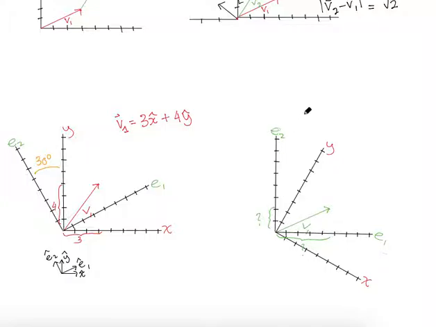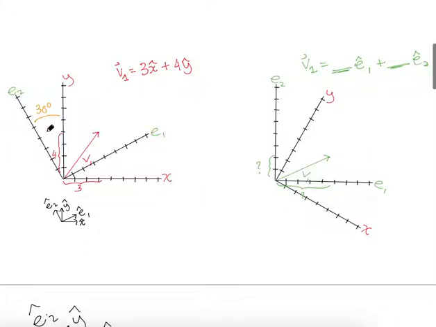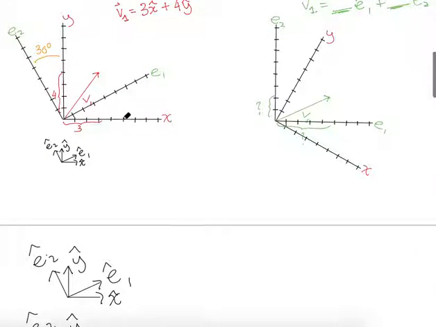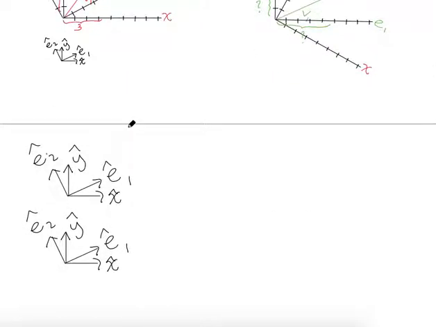This direction can also have a v1, which has some number e1 hat plus some number e2 hat, right? So what are those numbers? Well, we can go find out by trying to figure out the relationship between x hat and y hat, and then because x hat can be represented as a linear combination of e1 and e2, and actually I'll just show you. It's easier understood when it's shown.